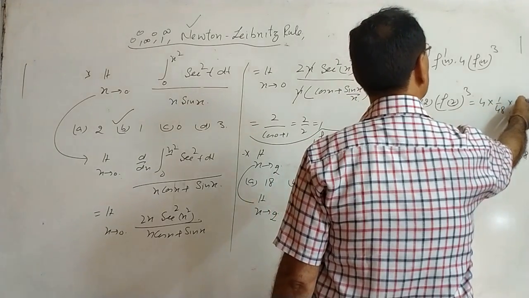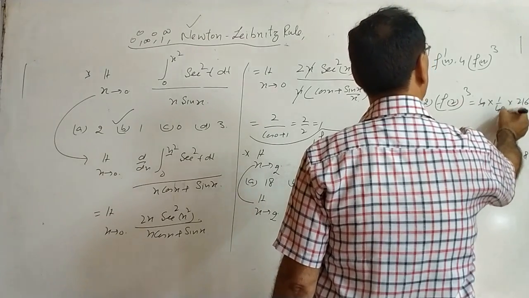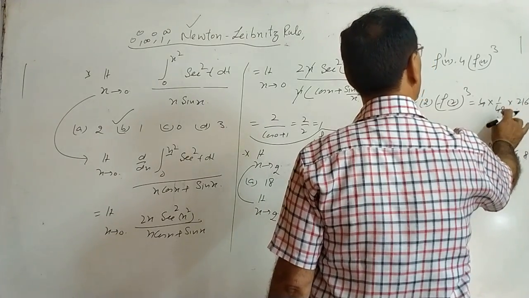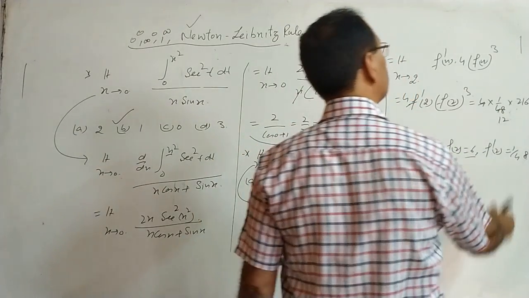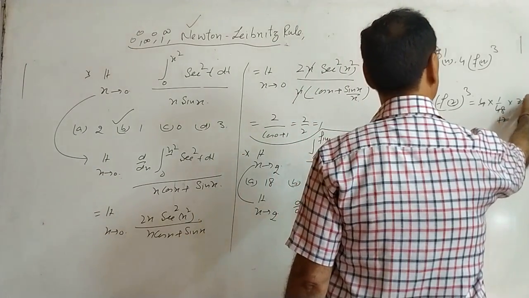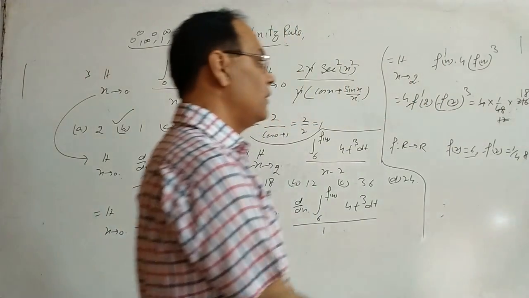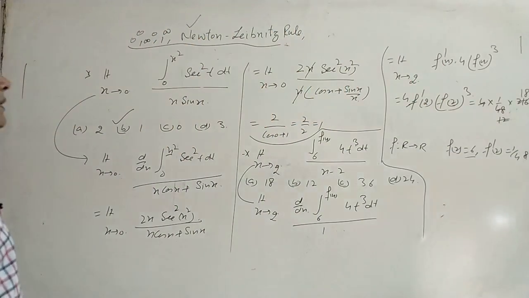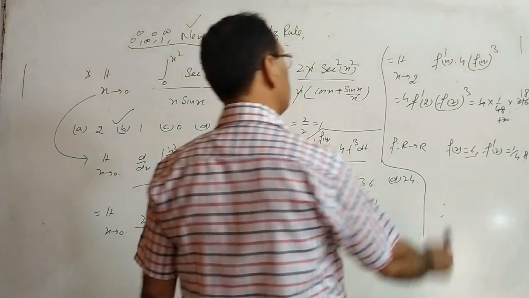6 into 6 into 6, you may write 216. For 12s are 48. Then 12 ones are 12 and 12 8s are 96. So what should be the limit?